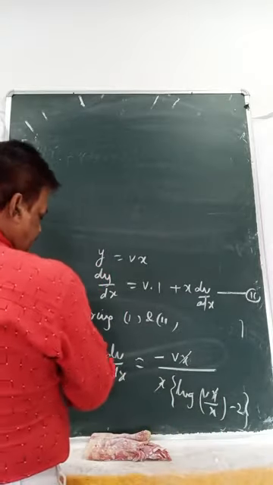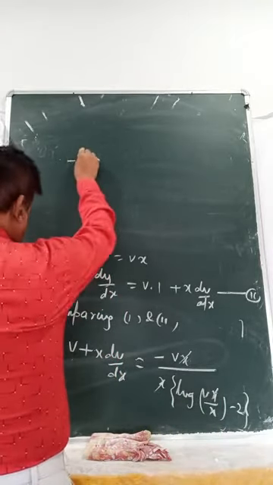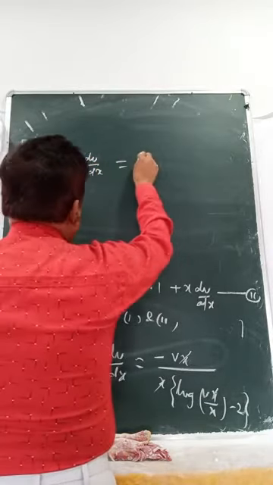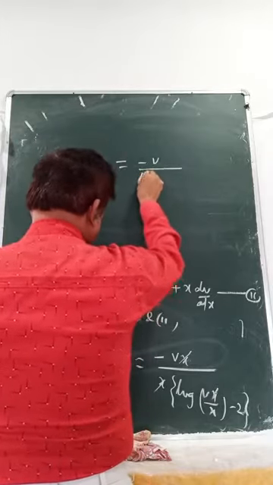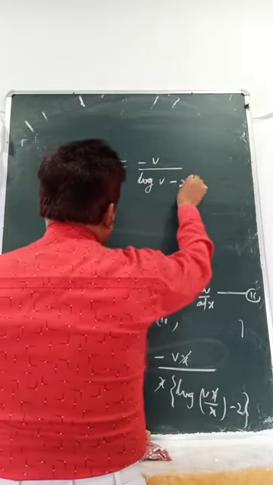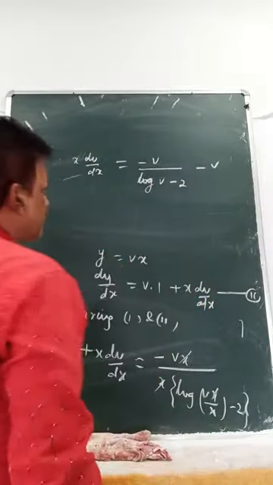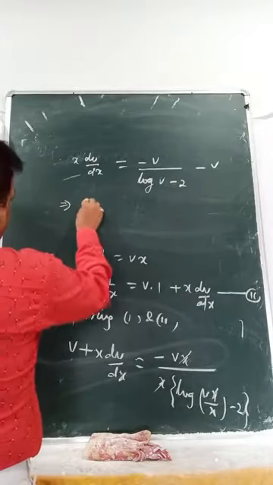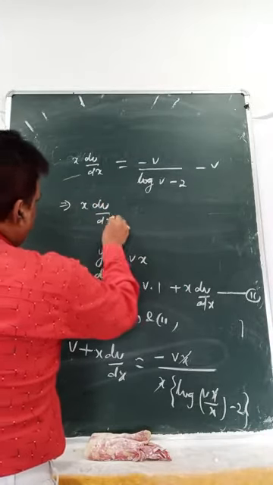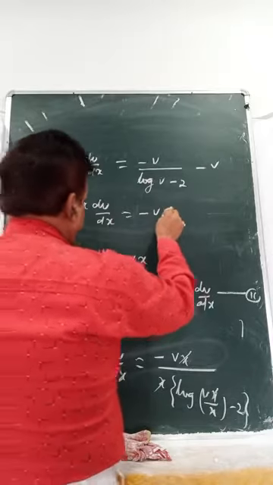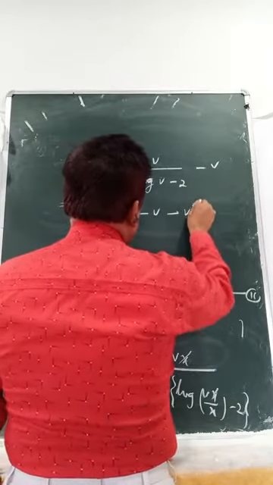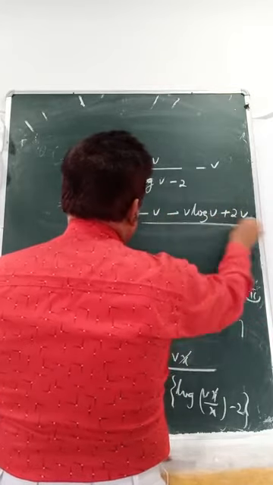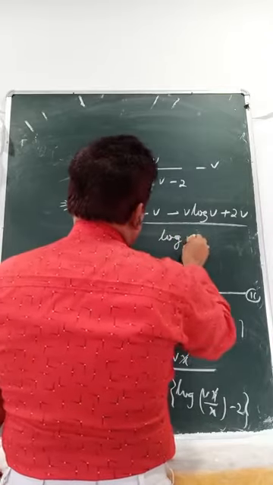So what do you get? Minus x dv by dx equals minus v by log v minus 2, minus v that is on that side. This implies x dv by dx equals minus v, this will be multiplied, minus v log v plus 2v by log v minus 2.